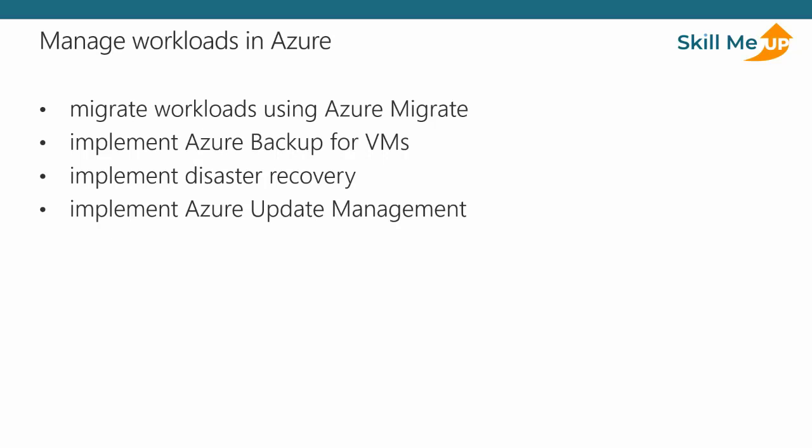This is to ensure that if the virtual machine is lost in that region for some reason, the recovery vault has all the details as far as the size of the virtual machine, the configuration details, and the snapshot information. If that recovery vault were in the same region as the virtual machine, it would be lost. You wouldn't be able to recover that virtual machine, so therefore it's in the other region.